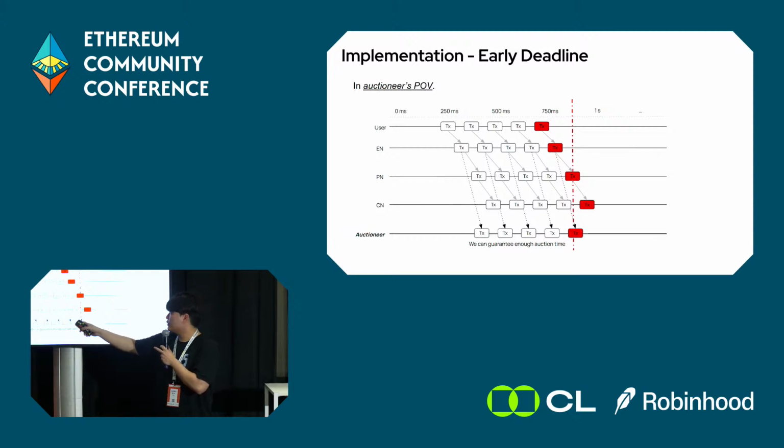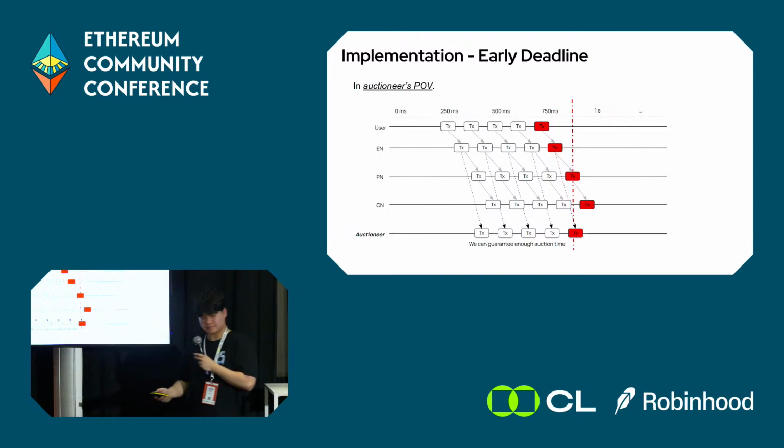But as you already know, a transaction arriving after the early deadline will be included in the next block. So we can guarantee to the searcher that the bid for this transaction will also be included in a block with the target transaction, not just the bid alone.